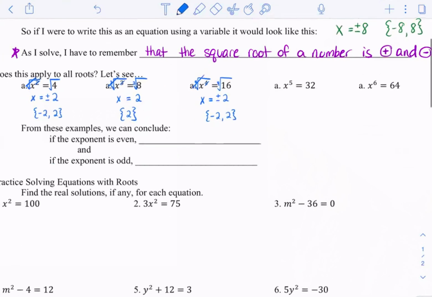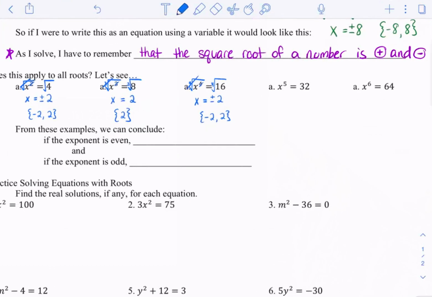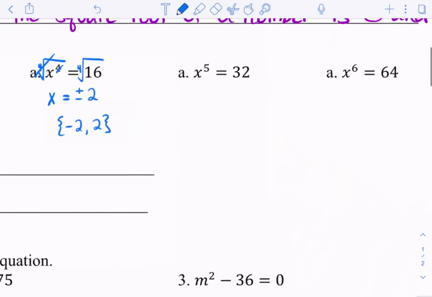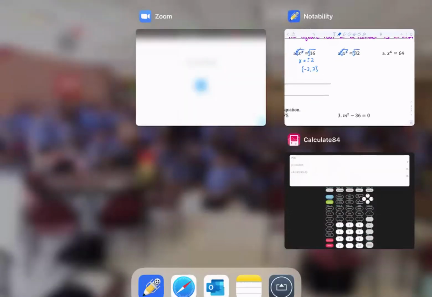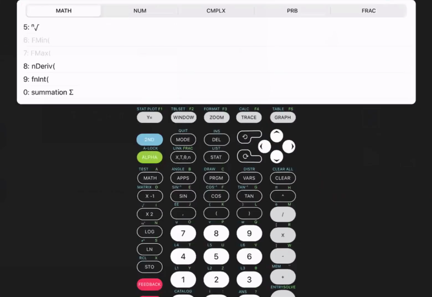So I don't know if you already see the pattern here, but I already do. So to get rid of the 5, I need a fifth root. I need a fifth root of this 32. So I don't know what that answer is. I think I purposely made sure that it was something easy every time. So I'm going to fifth root the 32.